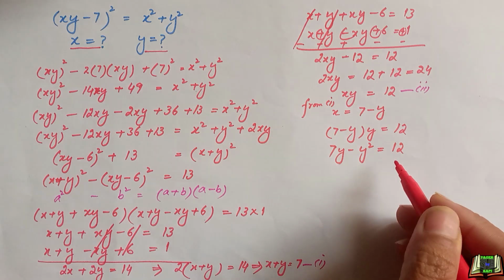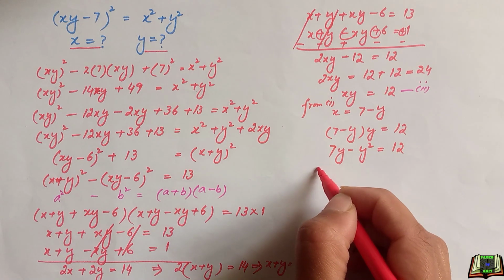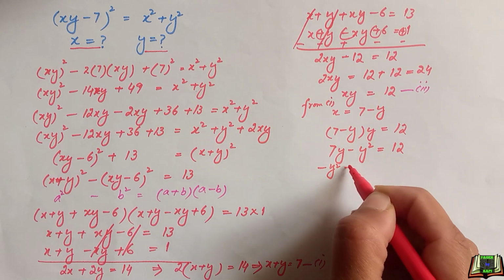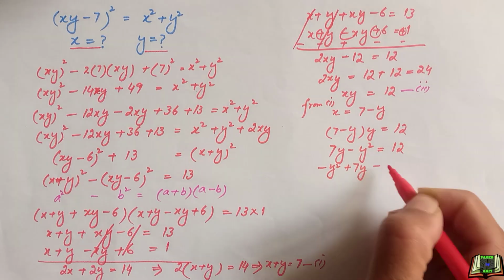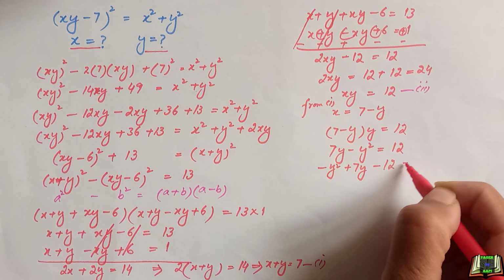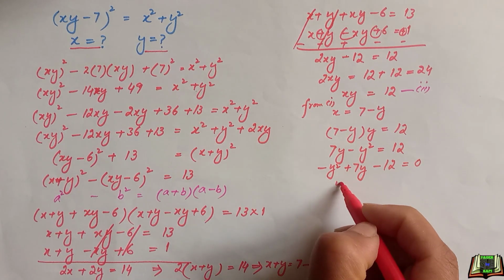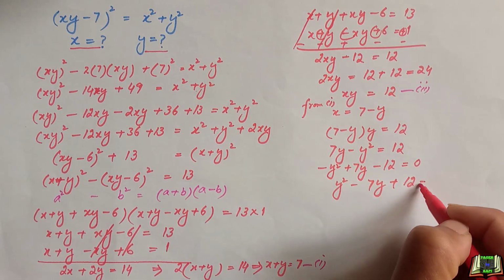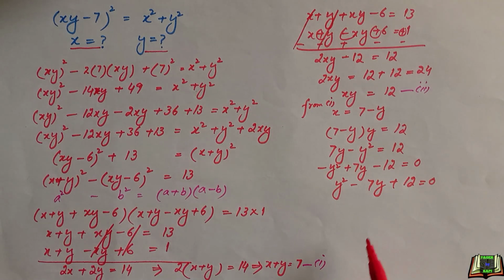After rearranging, this is −y² + 7y, and we will take this 12 to the left-hand side, so it will become negative. We can factor out the negative sign. So y² − 7y + 12 = 0.